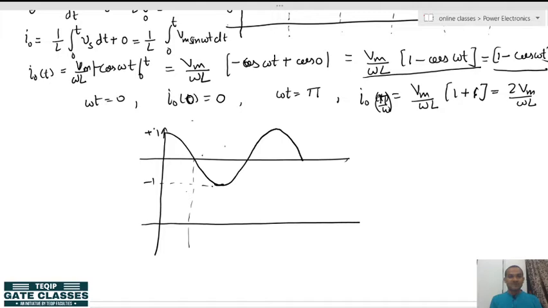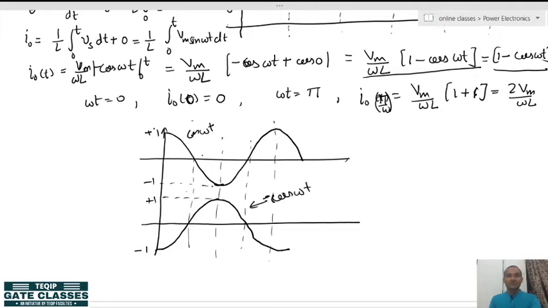This is pi by 2, this is pi, this is 3 pi by 2, this is 2 pi. This is cos omega t, and we plot minus cos omega t like this. This is -1, this is +1, so this curve is minus cos omega t.